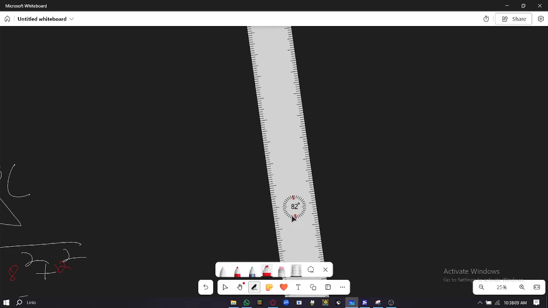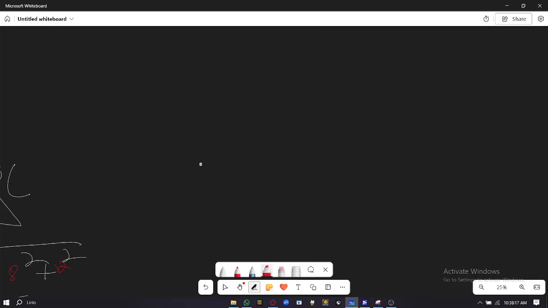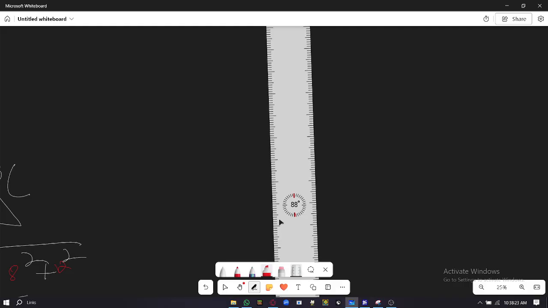Let me go to 90 degrees at first. Firstly, let's just draw our diagram, right? So we have a straight line. Let's make it 90 degrees.